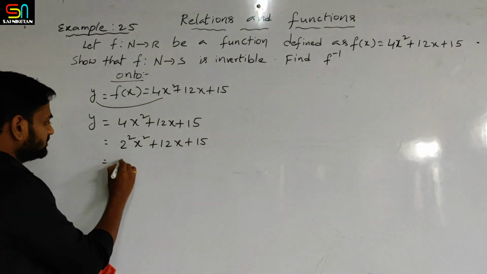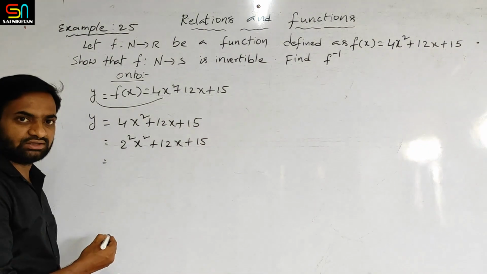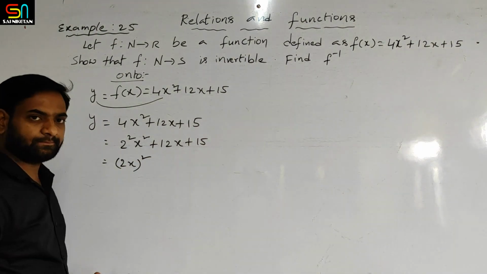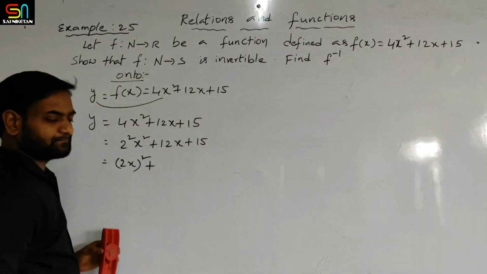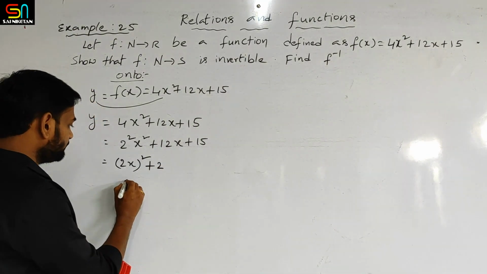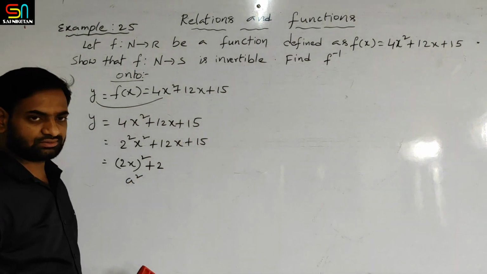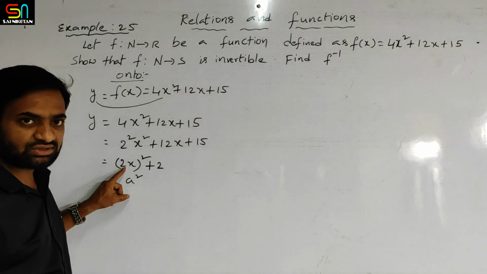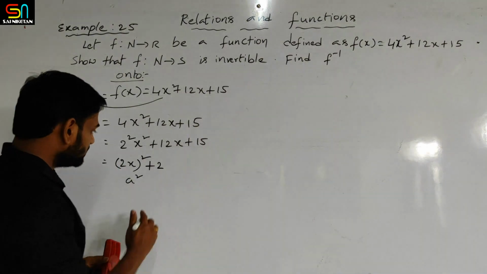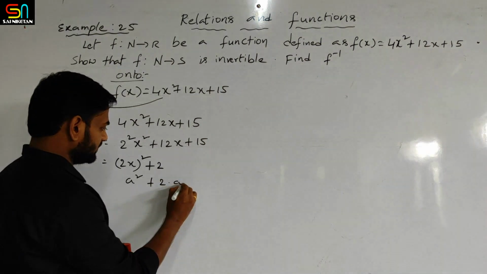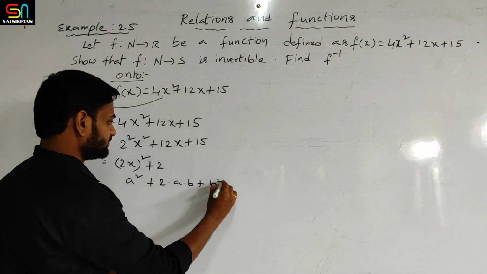Next here, this is a square into b square, that is ab whole square, that is 2x whole square plus 2 into, see here carefully, this is a square. Now what is the a value? It is 2x. So next term I want to write 2ab plus b square.